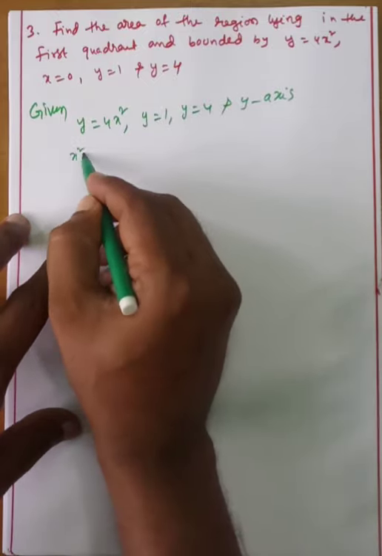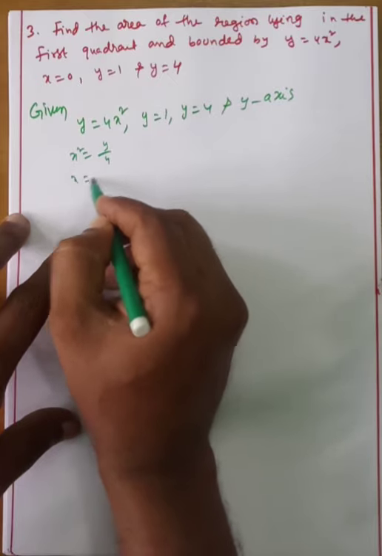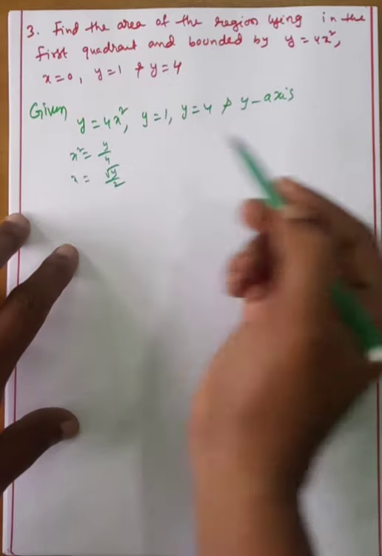Here x square is equal to y by 4, so x is equal to root y by 2, 100%, my dear students.